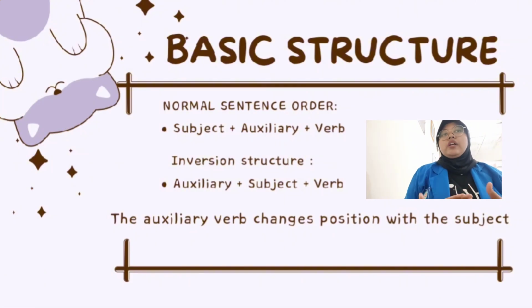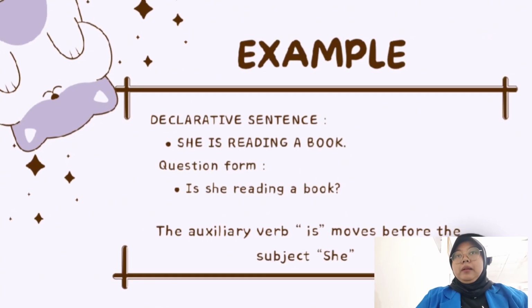In inversion, the structure becomes auxiliary plus subject plus verb. This change occurs mainly in interrogative sentences. Next example, declarative sentence: she is reading a book. Question form: is she reading a book? The auxiliary verb is moves before the subject she.